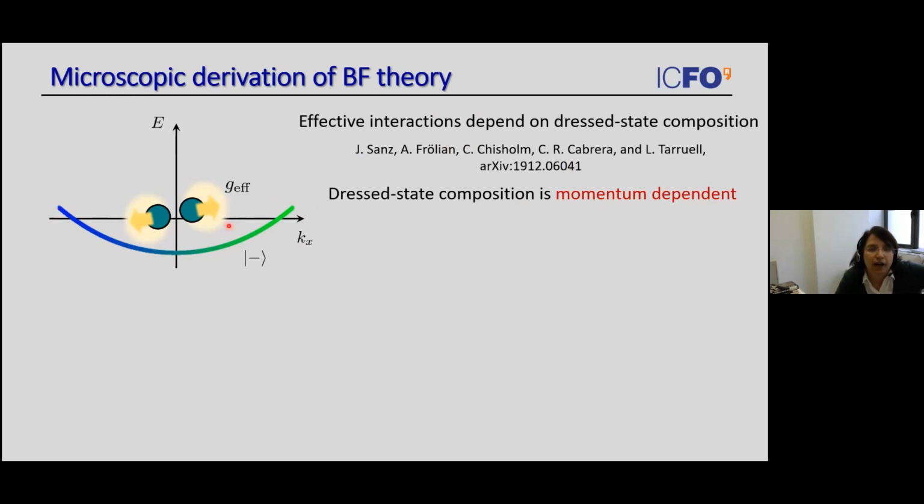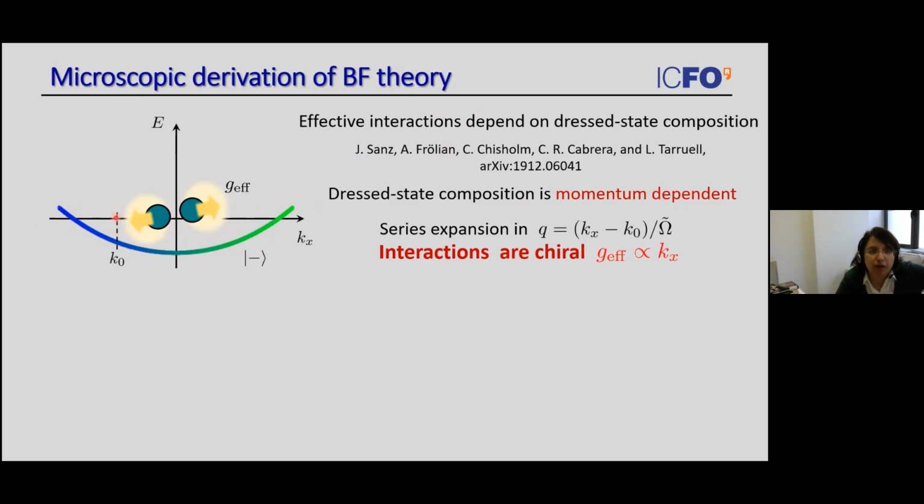And actually we can formalize this by taking some momentum and writing the effective interaction term in the Hamiltonian truncated to this lowest dressed state, and doing a series expansion of it in a parameter Q, which is small because it is the difference between the momenta that we explore and the momenta where we do the expansion.